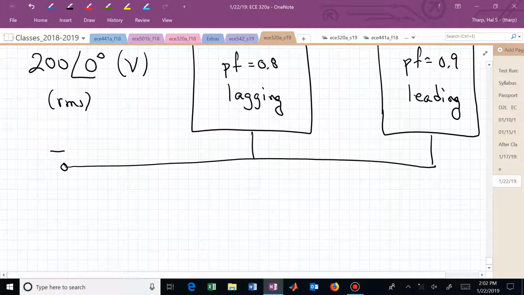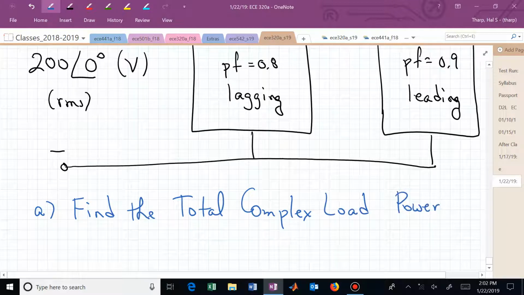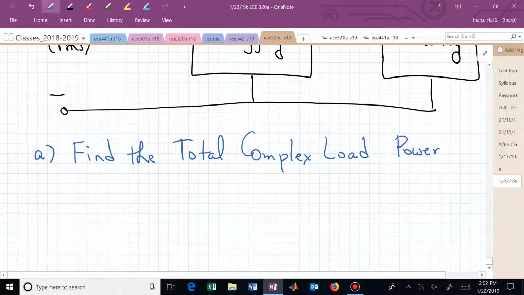So the strategy now is first to try to find the total complex power of those two loads in combination, and then once we have that, the voltage is the same across both.